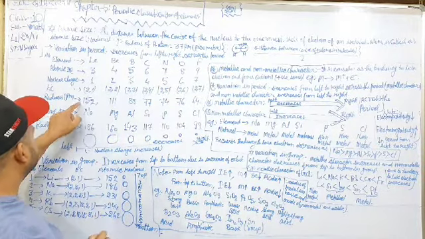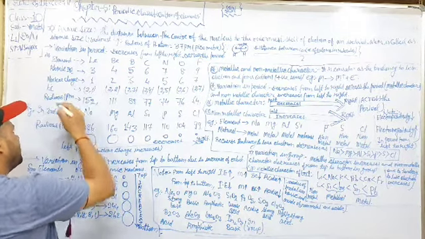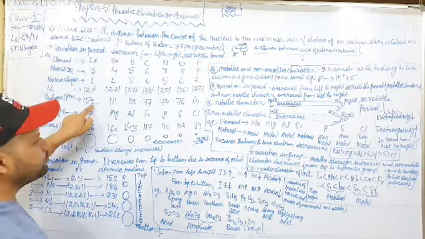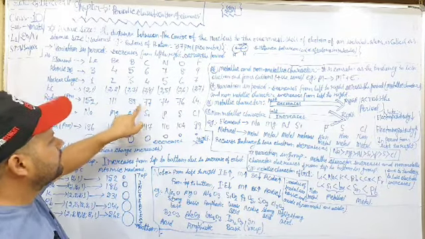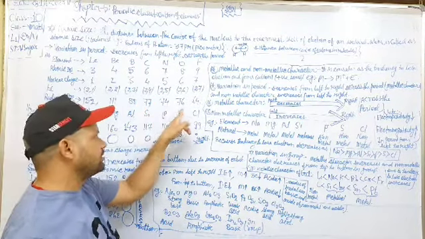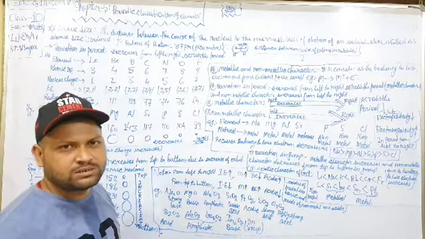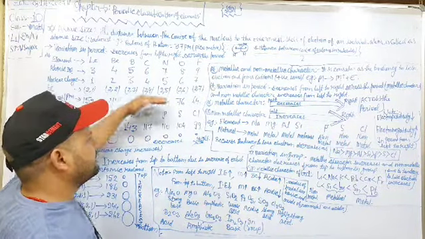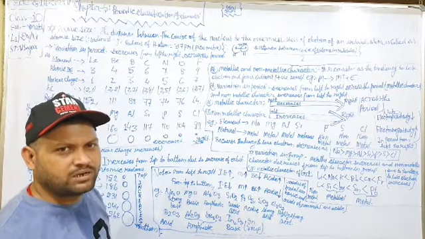At last the radius is given in picometers: 152, 111, 88, 77, 74, 76 and 64 picometers. Look here, it decreases towards the right across the period.